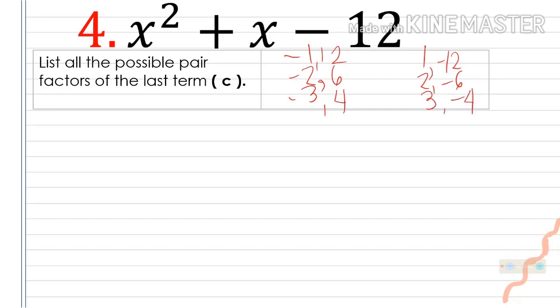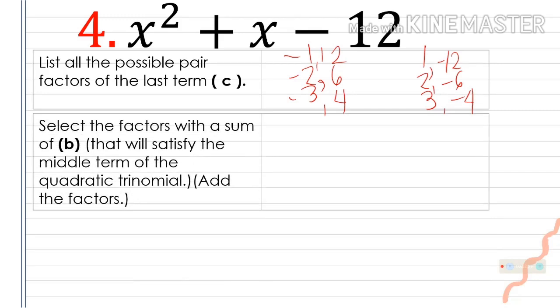And then, you are going to select again the factors with the sum of b. This time, our b is positive 1. So let us add all the pairs of factors. On the first pair, we have negative 1 and 12, so we have positive 11.